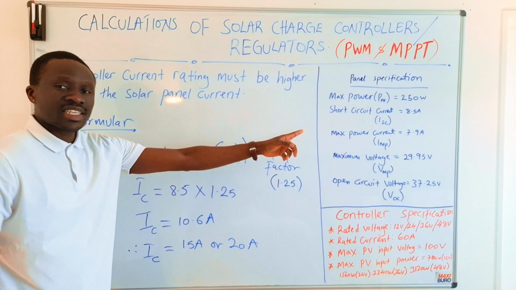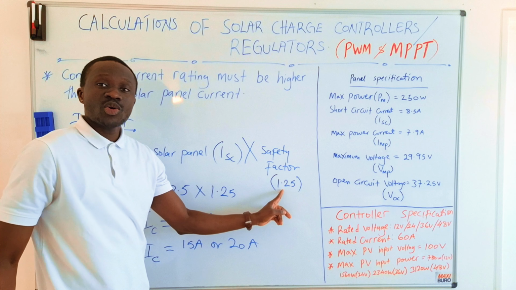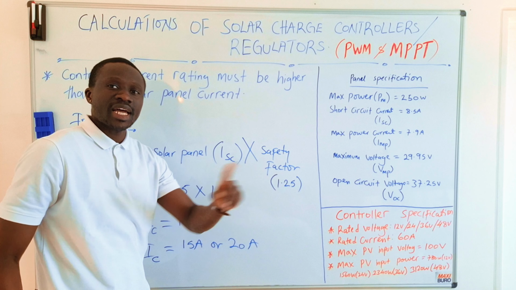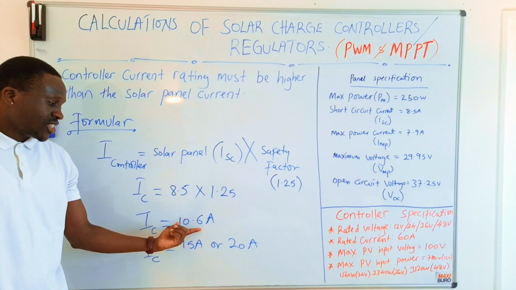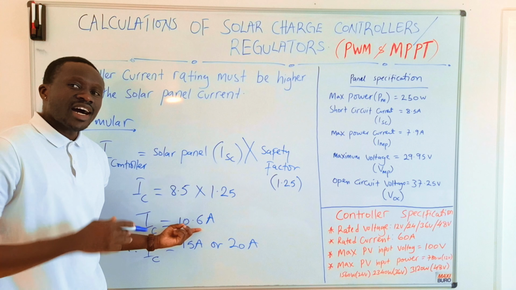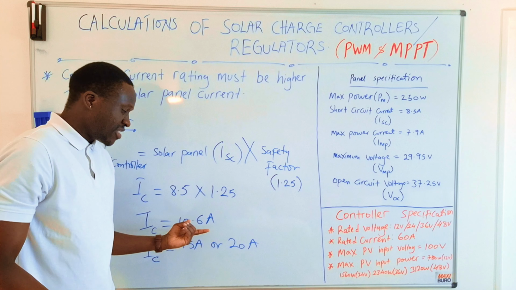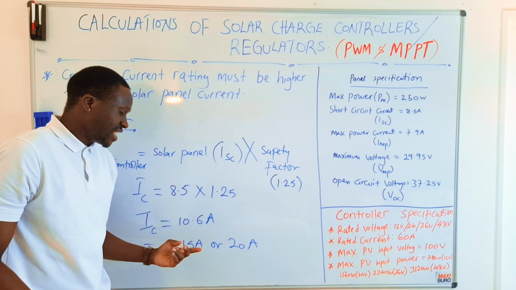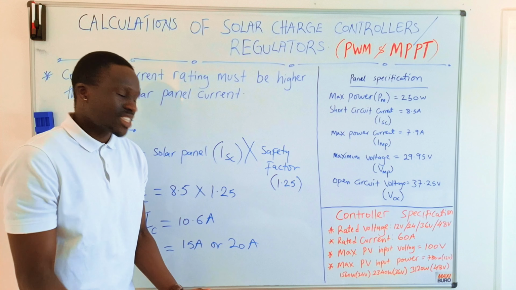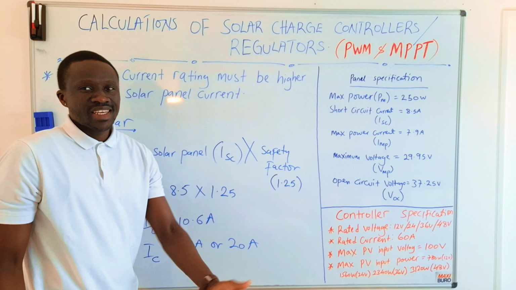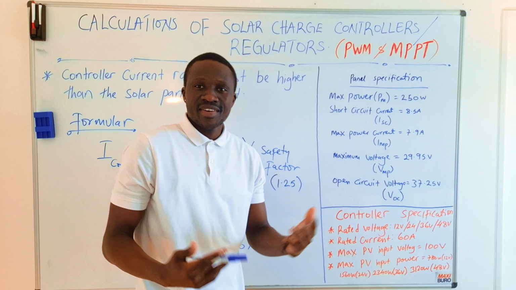Then the short circuit current times the safety factor. Safety factor is 1.25. Multiply them, you'll get this current. Now, take this current and increase to the nearest regulator above the answer you have got. The nearest regulator is 15 amps, 20 amps. Now you suggest that 20 amps can be the best for your system to work in a smooth running.